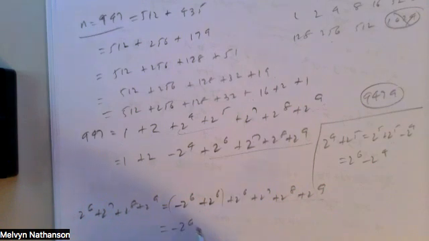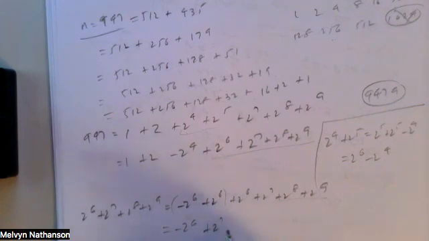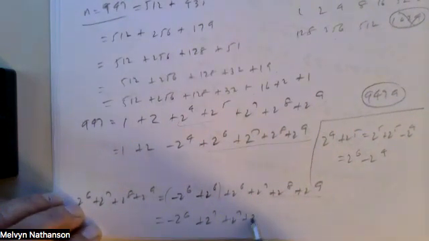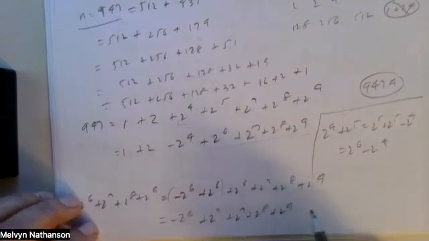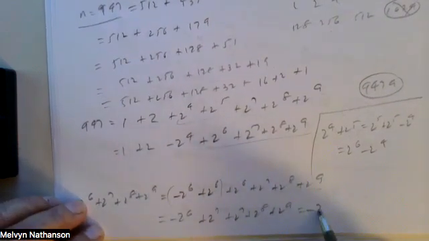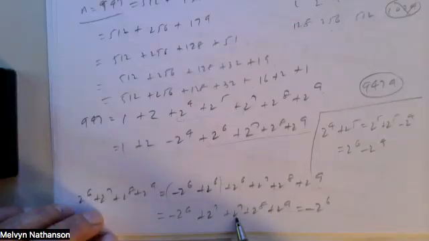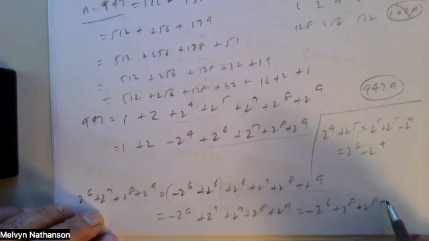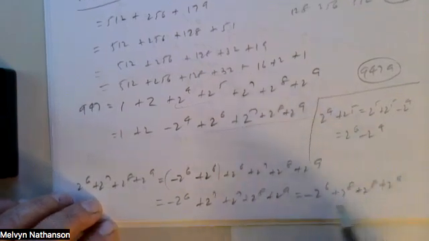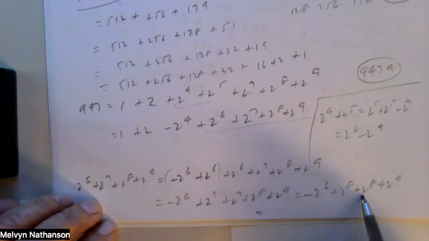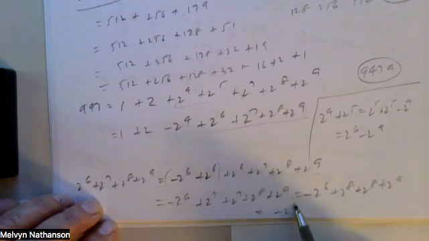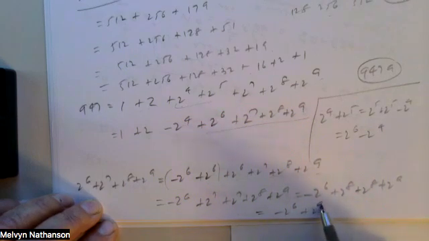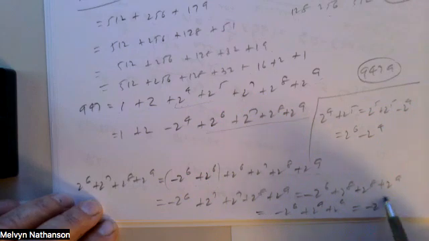But this is minus 2 to the 6th. 2 to the 6th plus 2 to the 6th is 2 to the 7th, plus 2 to the 7th plus 2 to the 8th plus 2 to the 9th. 2 to the 7th plus 2 to the 7th is 2 to the 8th, plus 2 to the 8th plus 2 to the 9th. 2 to the 8th plus 2 to the 8th is 2 to the 9th. 2 to the 9th plus 2 to the 9th is 2 to the 10th.